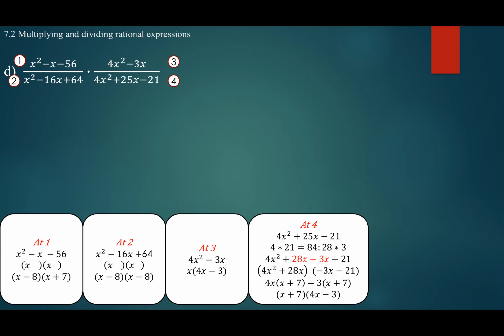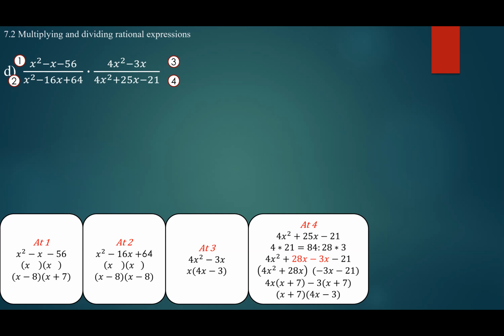I put the first 2 terms in the first group, the second 2 terms in the second group, and then I factor out a GCF. In the first group, I can take out a 4x. In the second group, because I include a negative, I need to factor out a negative 3. Again, I have x plus 7 as the common factor. I take out x plus 7, and the leftover gives me 4x minus 3.